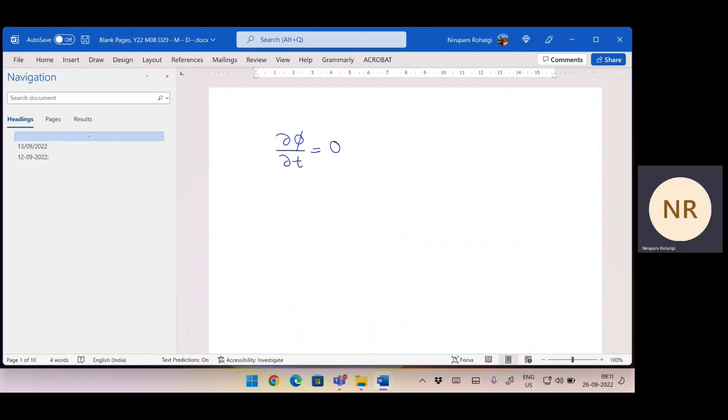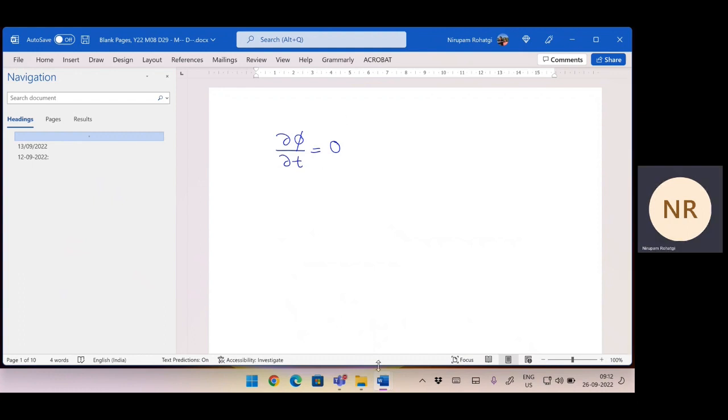And phi can be any general parameter. So whatever the parameter is for any system, if it is steady, then you put any phi. Phi means it can be u, v, w, velocities, pressure, temperature, anything, density. All those thermodynamic properties, if they remain constant with time, it means it is a steady flow.